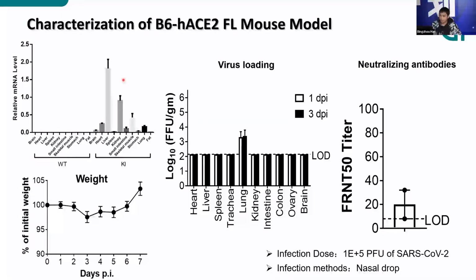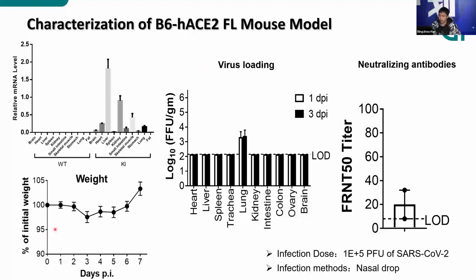We examined the expression of the humanized ACE2 in our model, and then we tested the behavior and the physiological phenotype after infection of these mice. We know that if we don't humanize this ACE2, the COVID-19 won't infect the wild-type mice.